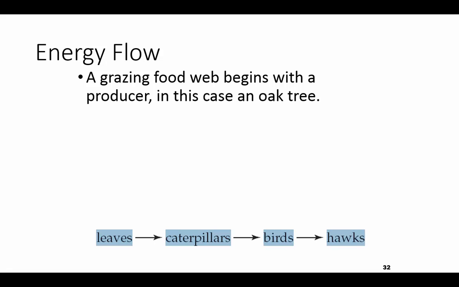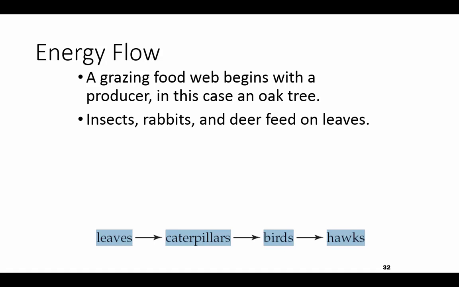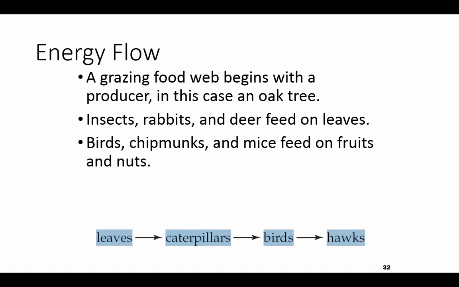Now when we talk about energy flow, looking at the grazing food web, it starts with the producer. The oak tree has leaves. And then insects and rabbits and deer and caterpillars eat those leaves. Chipmunks and mice also eat the fruits, and birds eat the nuts and the fruits, and they might eat insects and caterpillars too. Then of course the hawk eats the birds.